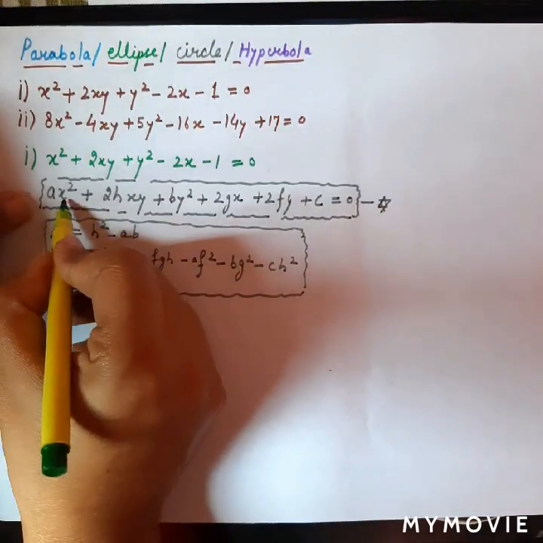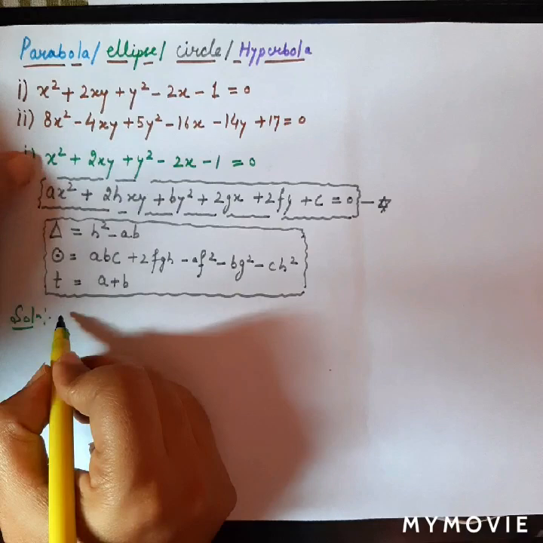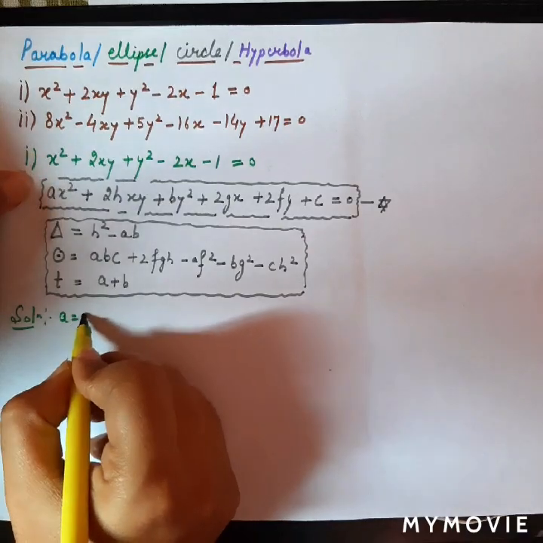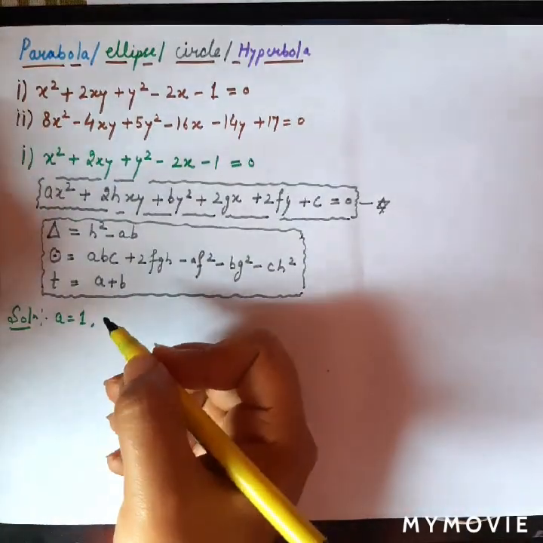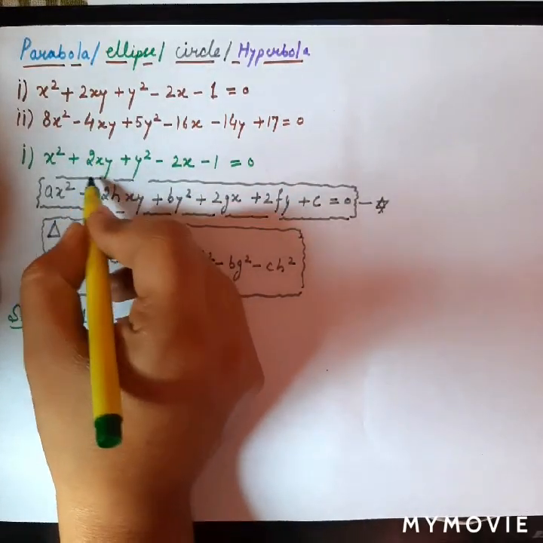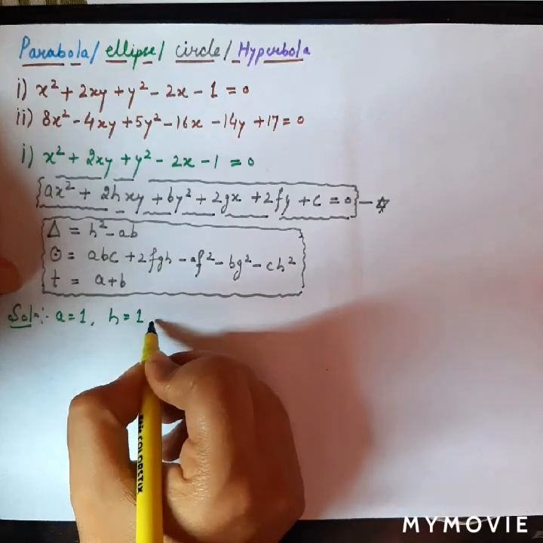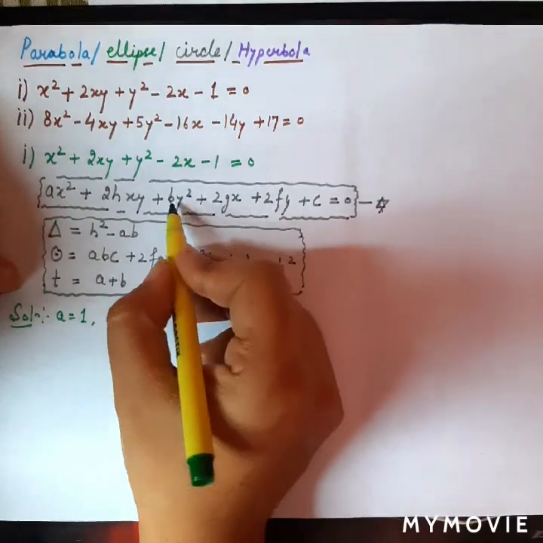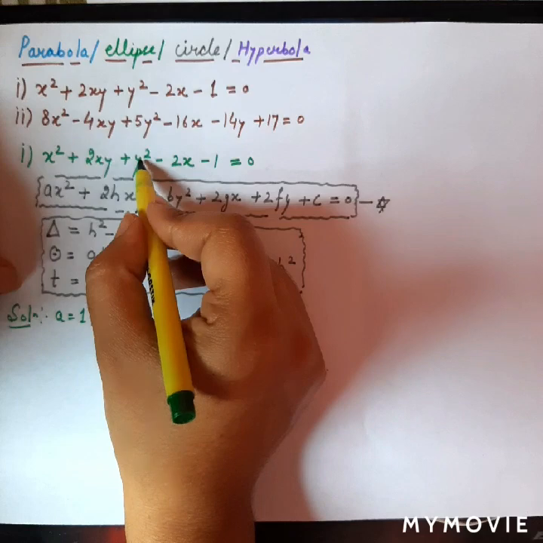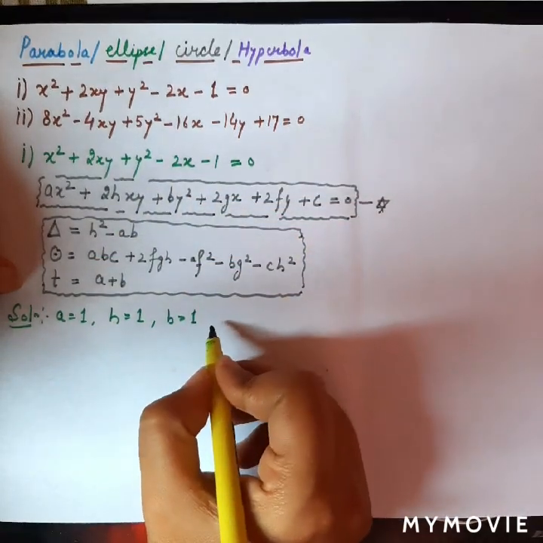The component of x square here is 1, so a will be equal to 1, right? And here xy, 2h is equal to 2, that means h is also equal to 1.